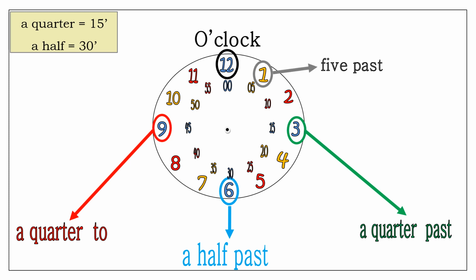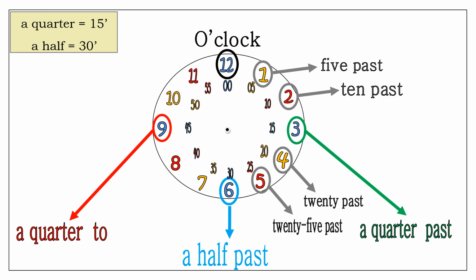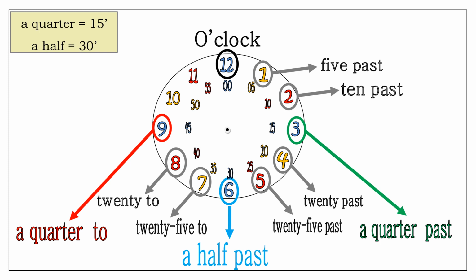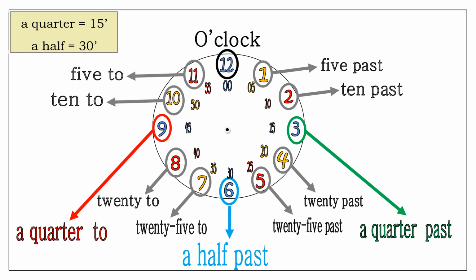If the long hand shows number 1, we say 5 past; 2, 10 past; 3, a quarter past; 4, 20 past; 5, 25 past; 6, a half past; 7, 25 to; 8, 20 to; 9, a quarter to; 10, 10 to; 11, 5 to; and 12, o'clock.